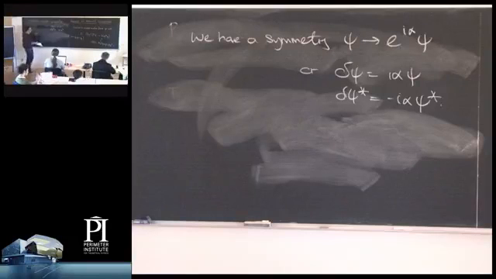Okay, so we've got a symmetry. We can just work through that proof of Noether's theorem and figure out what the conserved current is. And we find it's the following.